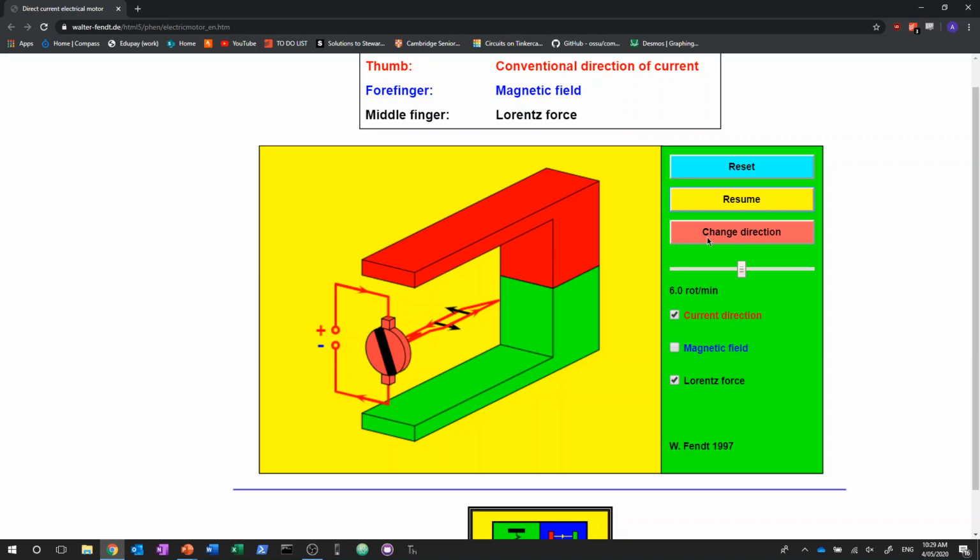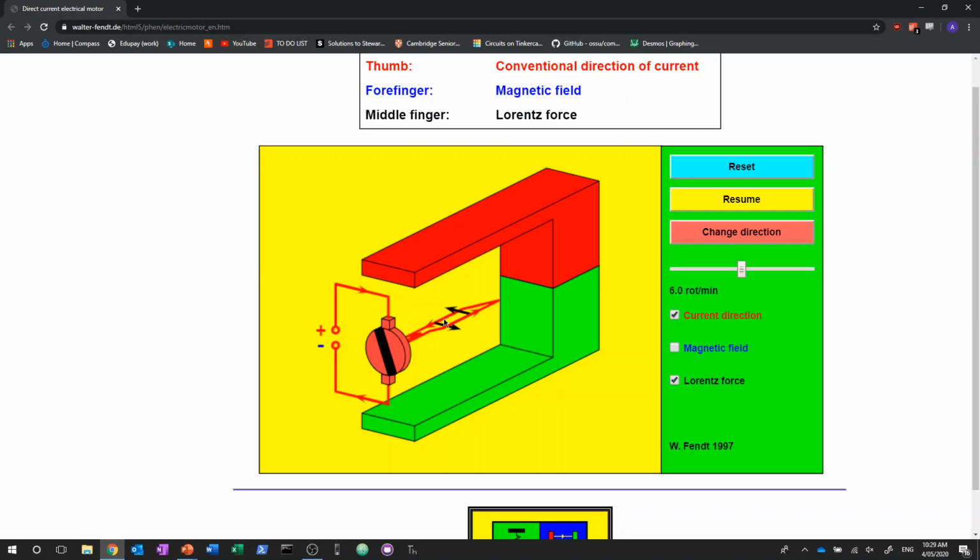Okay, let me explain what's going on here. This thing here is basically your magnet. If I turn on the magnetic field lines, you can see that this red part would be the north pole of the magnet, the green part would be the south pole. But I'm going to turn the field lines off because it's going to get confusing. So just remember the field points downwards.